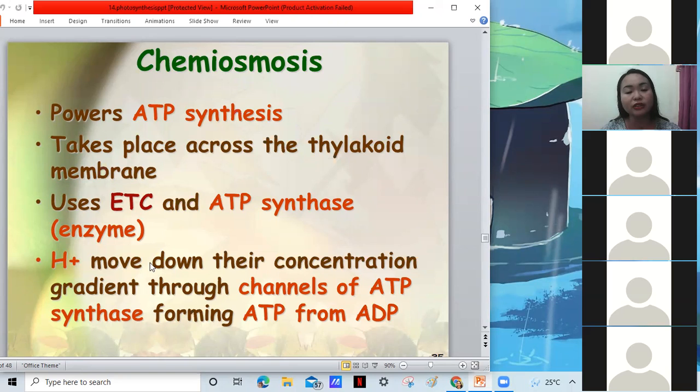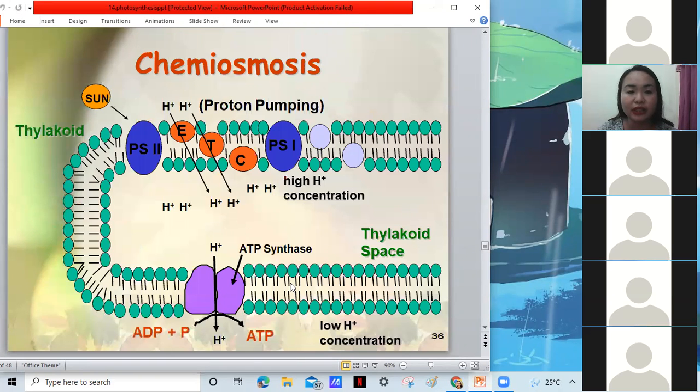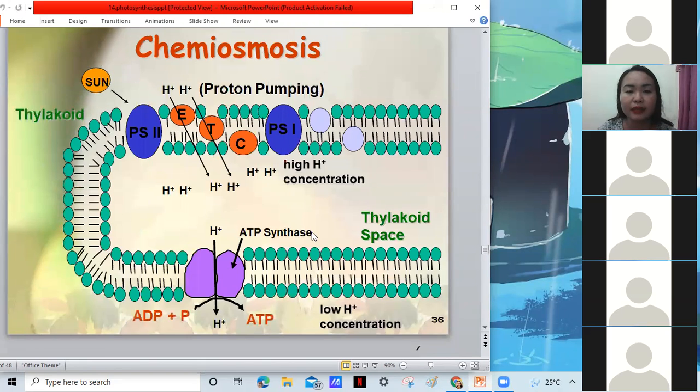So in here, the hydrogen ions move down their concentration gradient through channels of ATP synthase, forming ATP from ADP. So in chemiosmosis, these are the events. Therefore, ATP is produced here. So again, from the sun, there is proton pumping, and ADP becomes ATP. So this is the chemiosmosis.